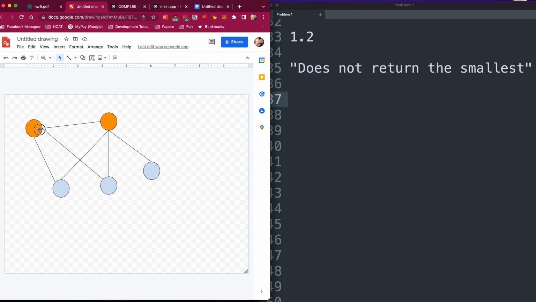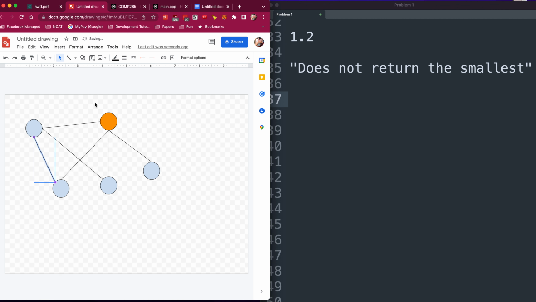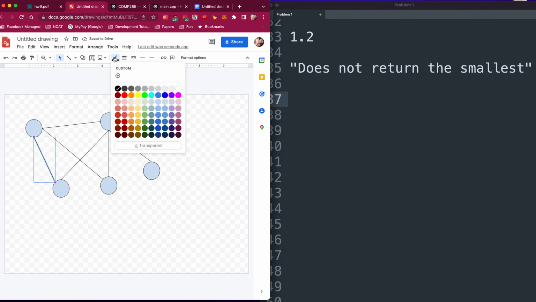So you could imagine that instead, let's undo the coloring. Okay, let me go back and add this edge. You could imagine it picking 3 nodes, right? Because what does it do? Let's say it picks this edge first for whatever reason, right?